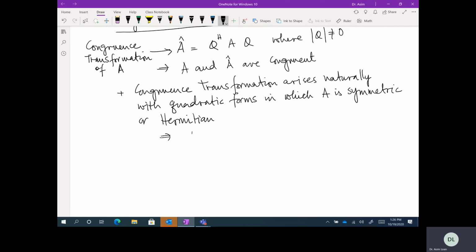Then this implies A hat is also symmetric or Hermitian.